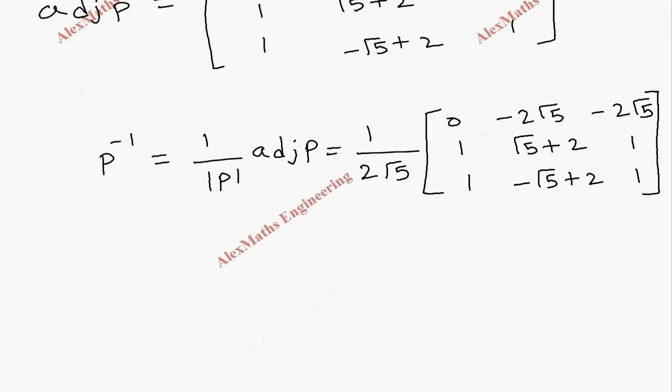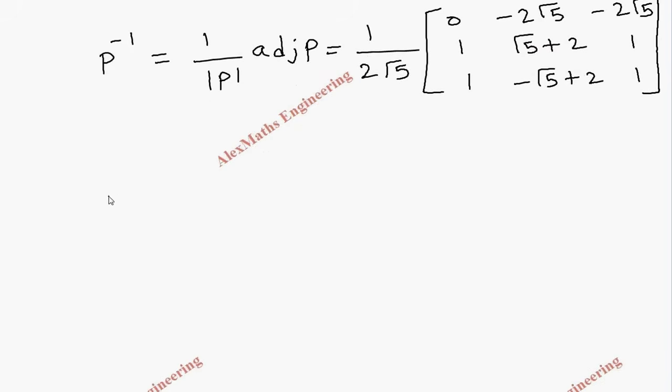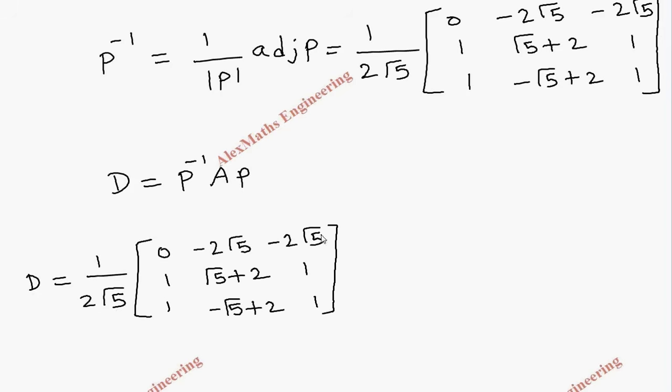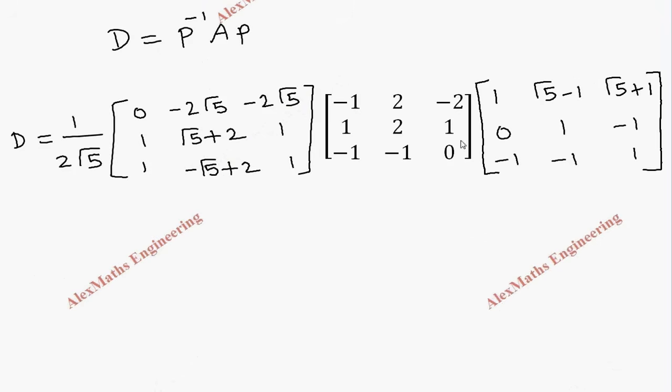Now we are going to substitute this in the formula, D equal to P inverse AP. So for P inverse, it is 1 by 2 root 5, and we have to copy this matrix A, which is taken from the question. Then we have to copy the matrix P. Matrix P elements are, so we copy the matrix P also.